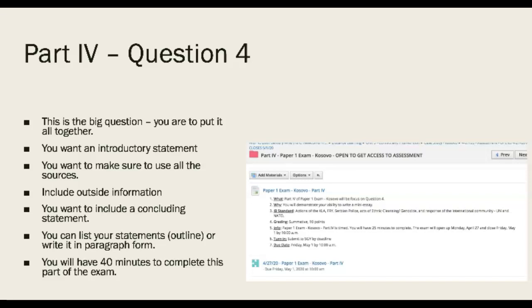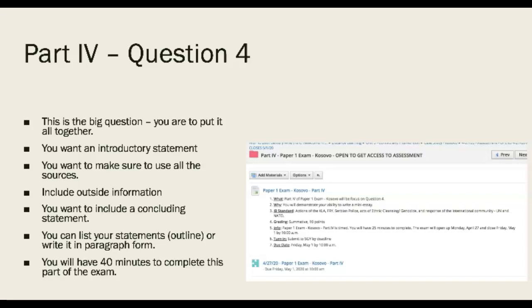And if you remember some outside information, bring that in too. And you can either integrate that outside information by a particular source reference, or you can do it as a standalone as well. And you want to make sure you have a concluding statement. You can list as well, outline it if that makes you feel more comfortable, or you can again write it in paragraph form.